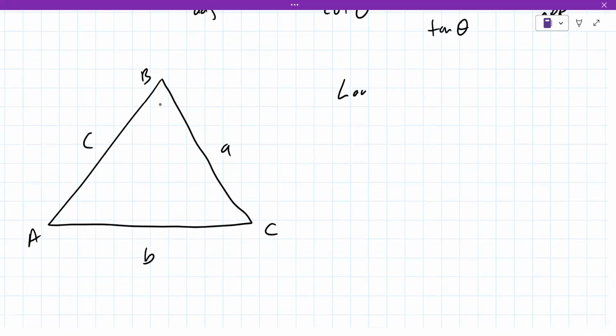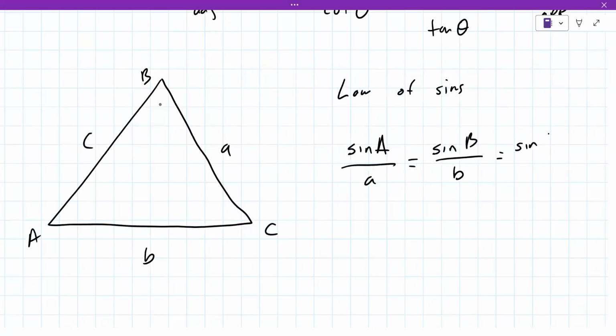So law of sines is like this. It's either sine A over a equals sine B over b, sine C over c. But you can also flip this. I don't know if you want to make two formulas, but you can also do it this way.